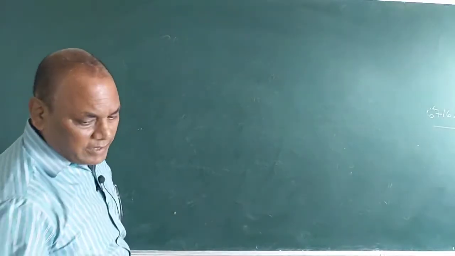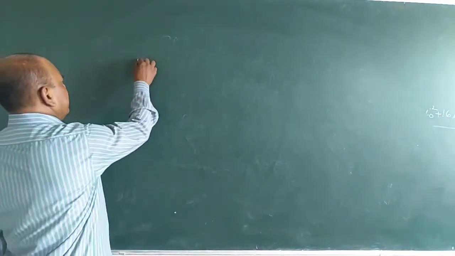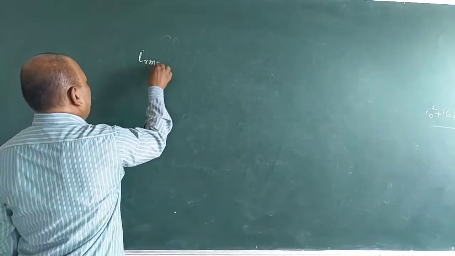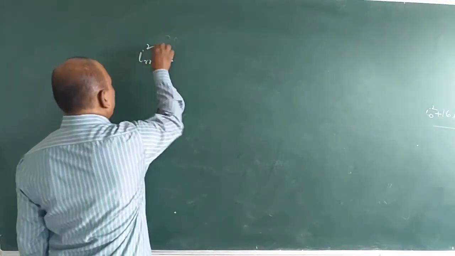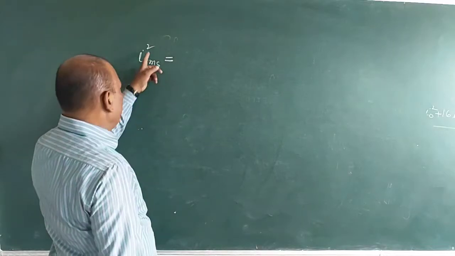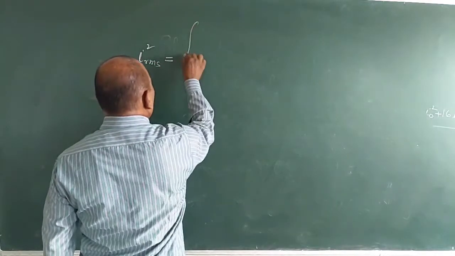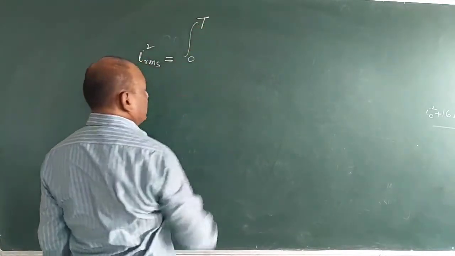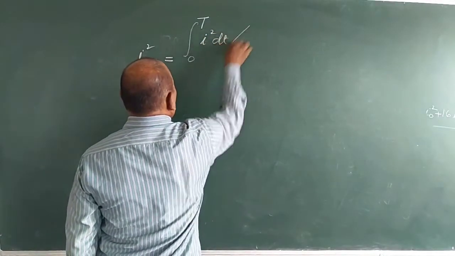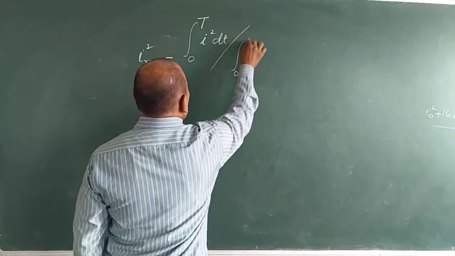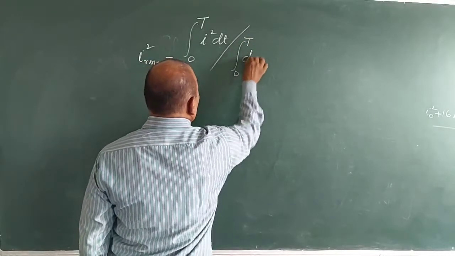Now, by the definition, IRMS square is equal to the integral from 0 to t for a complete rotation of I square dt, divided by the integral from 0 to t of dt.